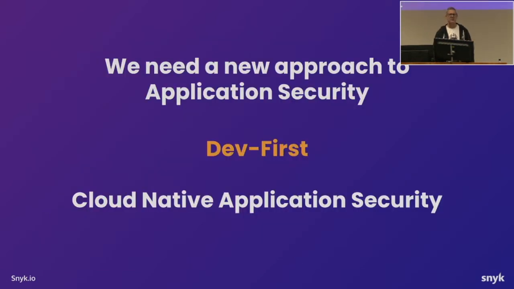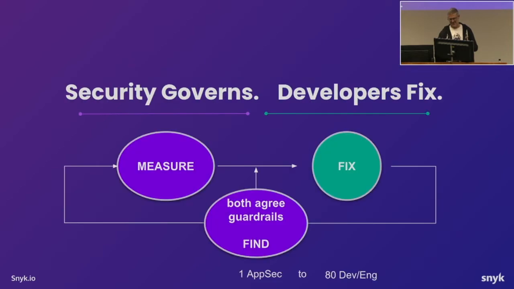So we really need a new approach to application security, and it needs to be a dev-first approach. Security still has a role to play. Security governs and measures the security outcomes for the organisation, but it's the developer that has to fix the vulnerabilities that occur in today's cloud native applications.